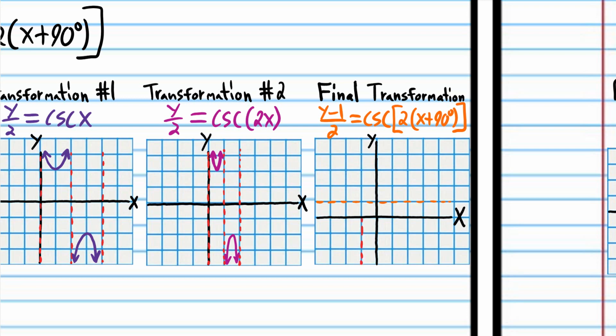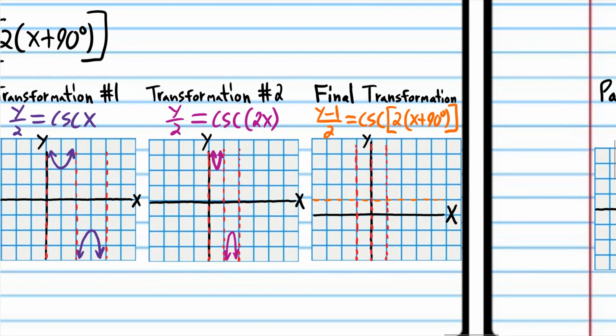So the asymptote that was on the y-axis is now at x equals negative 90. And the asymptote that was at x equals 90 is now on the y-axis. And the asymptote that was at x equals 180 degrees is now at x equals 90 degrees. So everything got shifted to the left. And again, remember, everything got moved up 1 unit also.